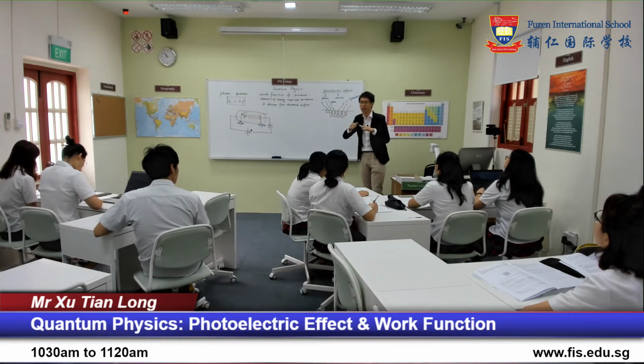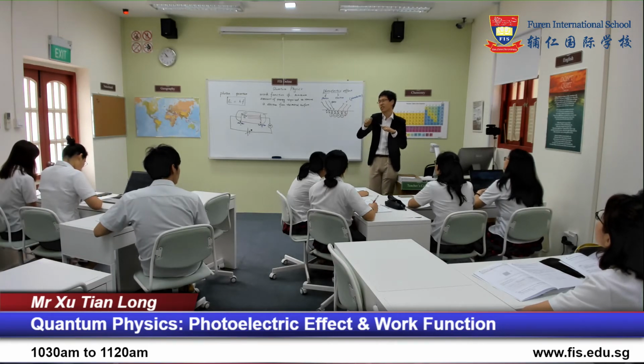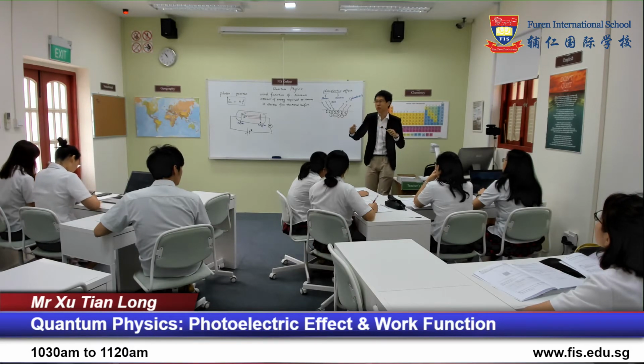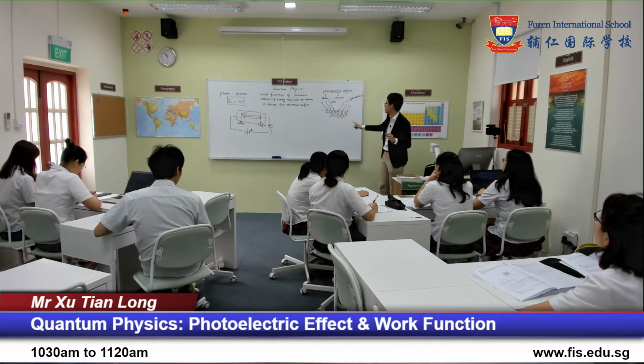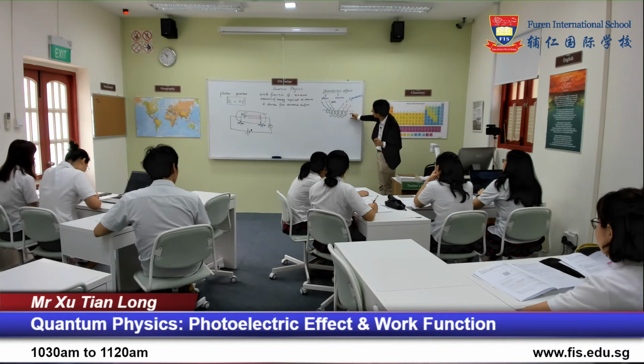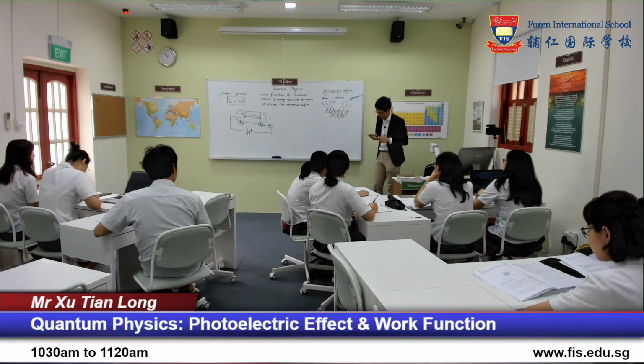No matter how many times I try, I cannot remove the cap because energy is not enough. Enough energy, I just try once, then the cap will be removed. So this is similar to the photoelectric effect. You need to do a certain amount of work to remove the electron from the metal surface.